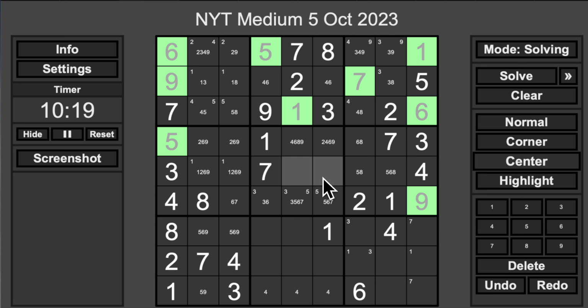These two are not 1, 3, 4, or 7. That one gets rid of 2. That one gets rid of an 8. I don't think I know much else, do I?